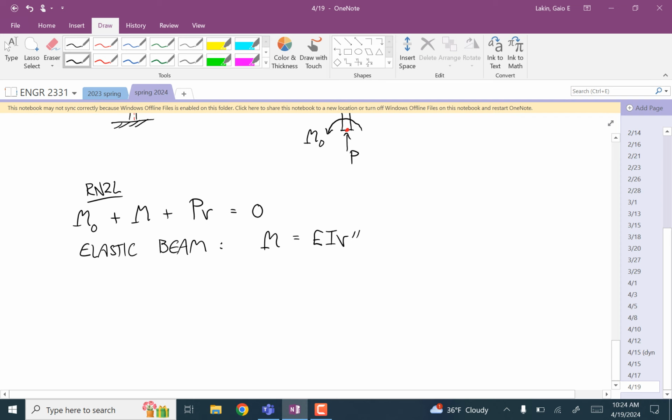So this equation becomes M sub 0 plus EI V double prime plus PV is equal to 0.